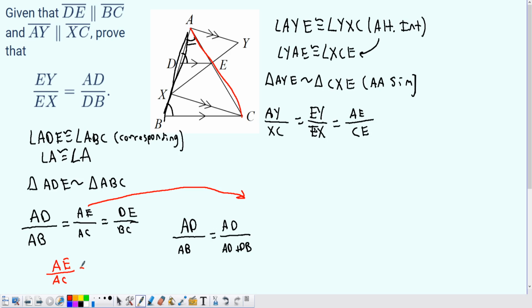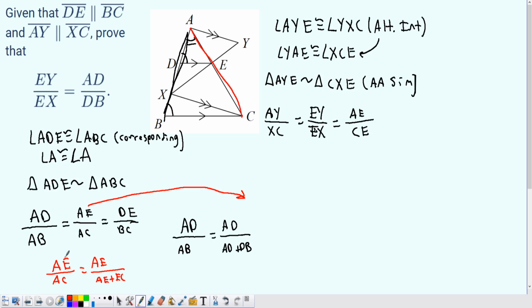Well, that can be split up as AE over AE plus EC. And now I'm definitely getting somewhere. Because if I notice in my first set of ratios, I have an AE over CE or EC. So this seems to be matching up with this.